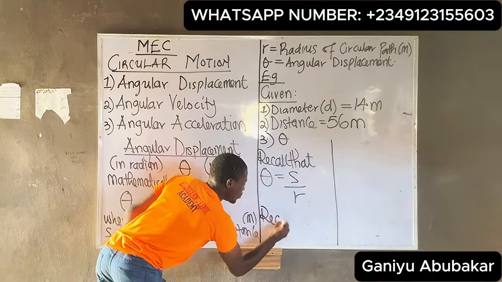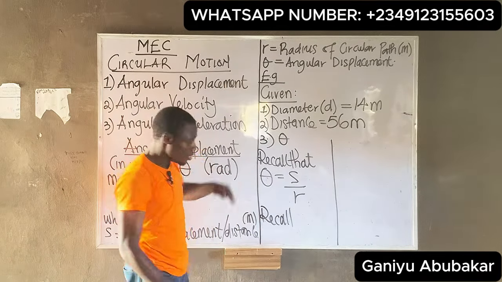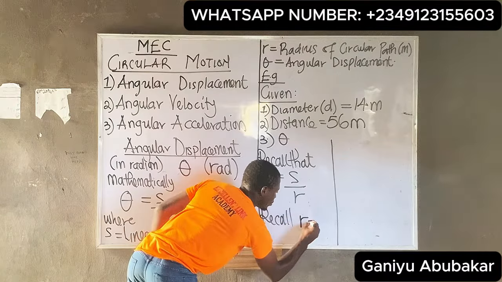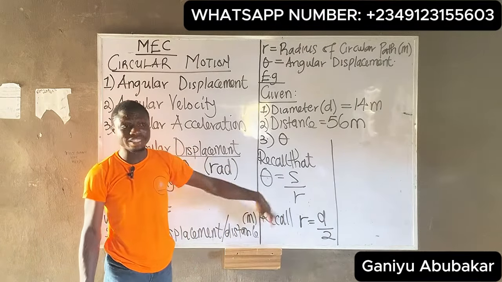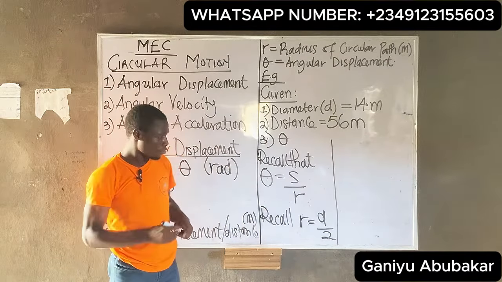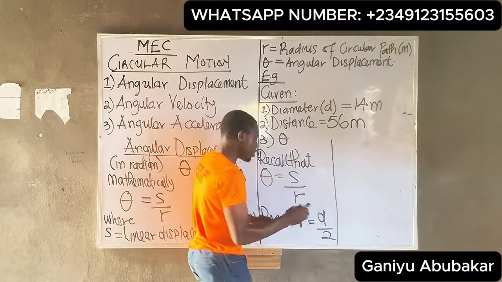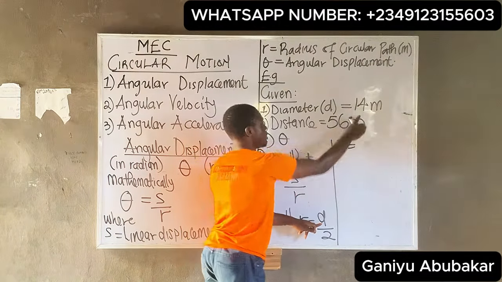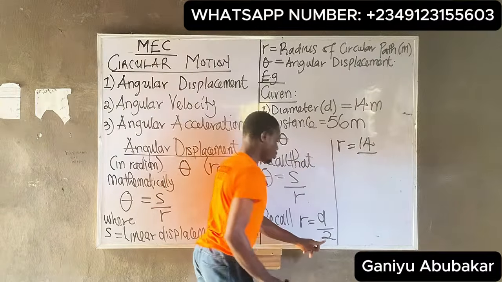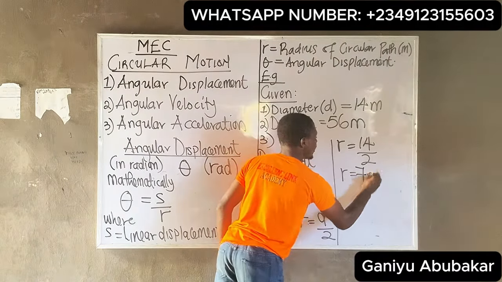Recall from your mensuration idea, all those circle concepts, that radius is diameter over 2. This is mathematics. Under circle, you should know this. Now, let's get what the radius will be. R is equal to diameter, 14, over 2. So R is 7 meters.